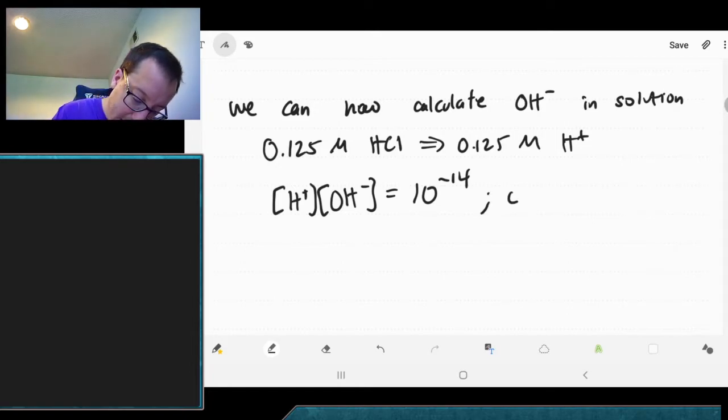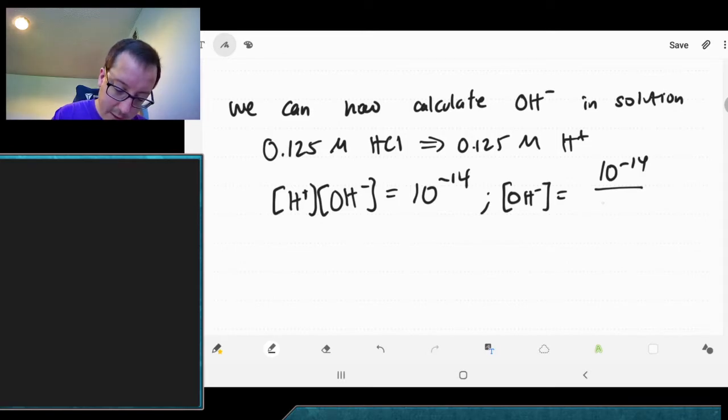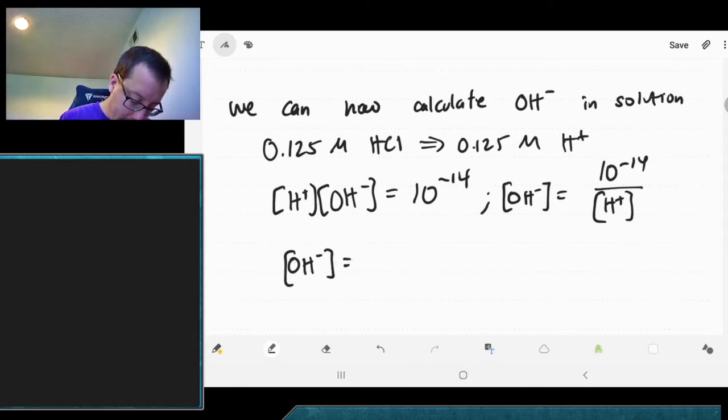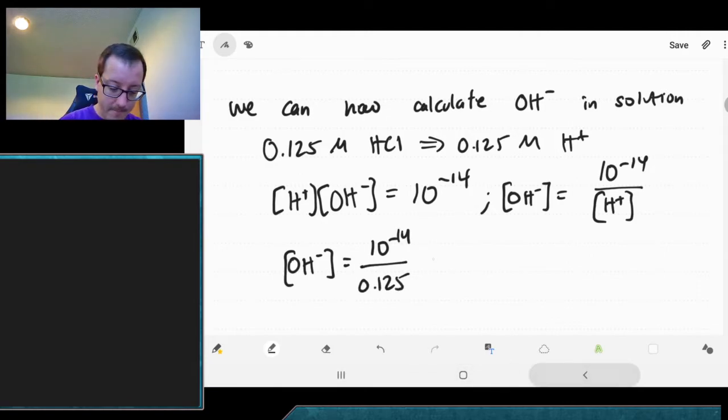So therefore, OH minus concentration will be equal to 10 to the minus 14 divided by H plus, or for us, it's 10 to the minus 14 over 0.125. Calculator.